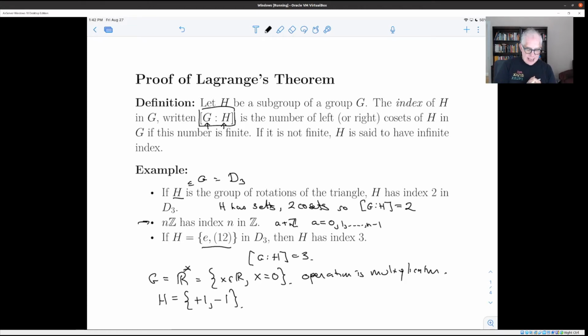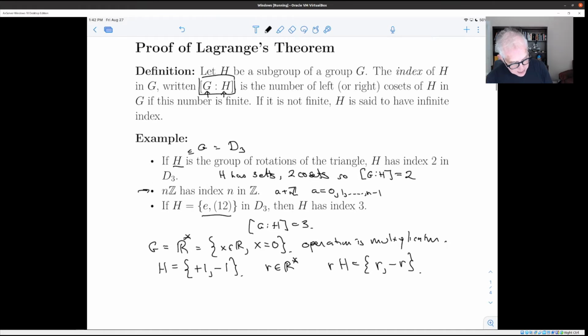So what's the index? Well, what are the cosets of H? If r is an element of R star, then the coset rH consists of the number r and its negative. And so there are obviously infinitely many cosets, because you have one coset for every positive real number.